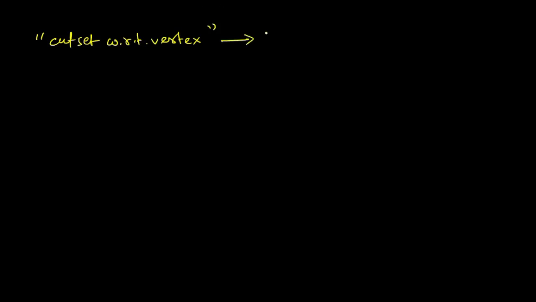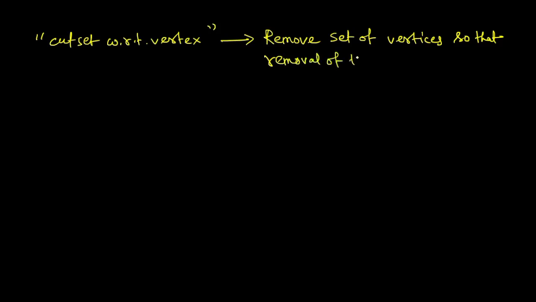So remove a set of vertices in such a way that removal of that set produces a disconnected graph.